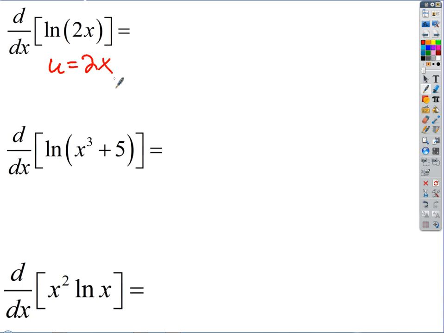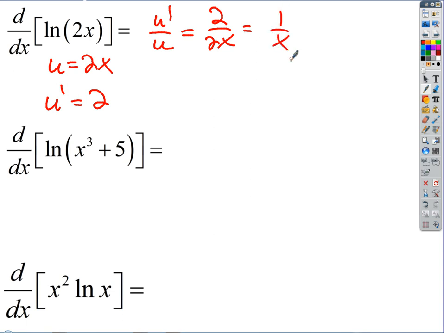Okay. So what's u prime going to be? 2. Everybody agree? 2? Okay. And we know the answer's got to be just u prime over u, so that's no big deal. Just 2 over 2x, which simplifies to 1 over x.